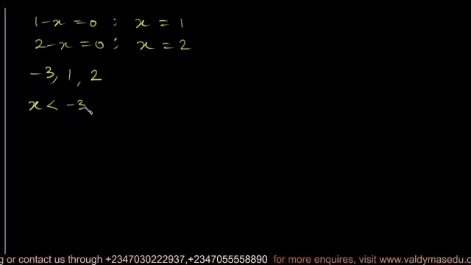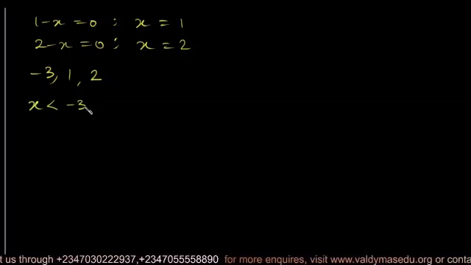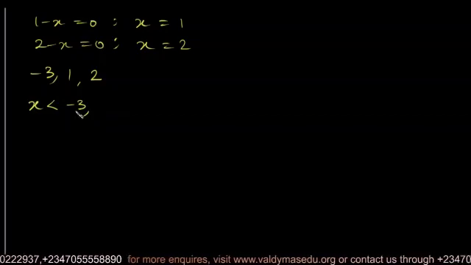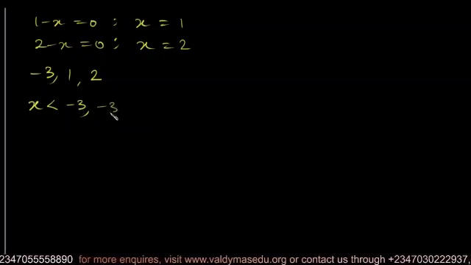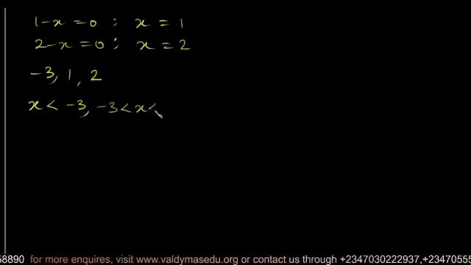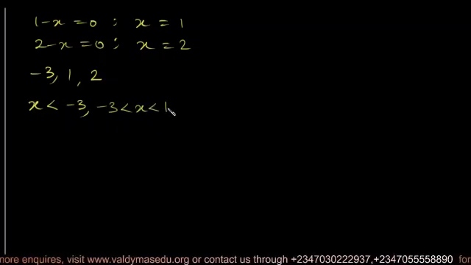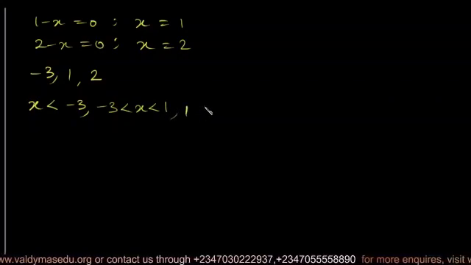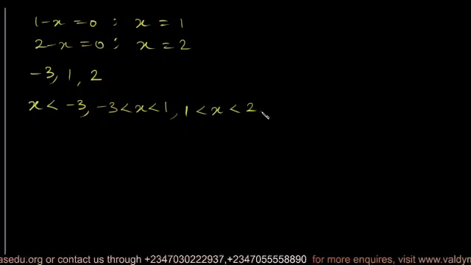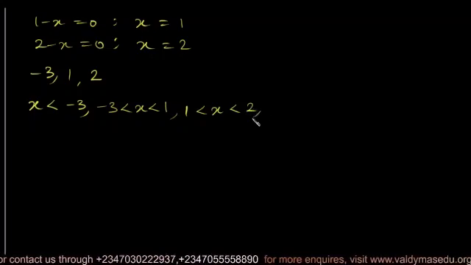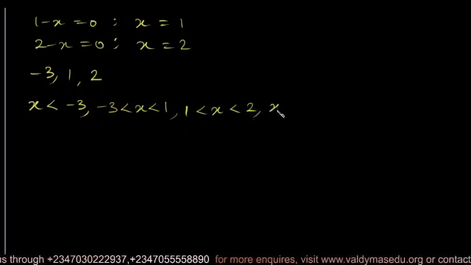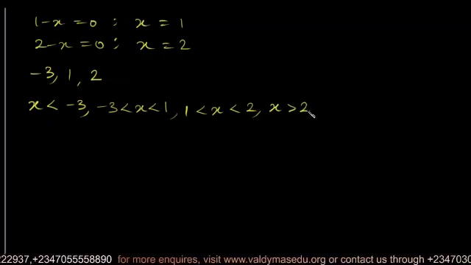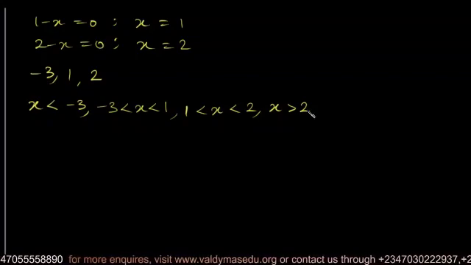Don't forget, x is always less than the smallest number. Then minus 3 is less than x, less than the following number, 1. Then 1 is less than x, less than 2. After exhausting the numbers, x will be greater than the highest number.